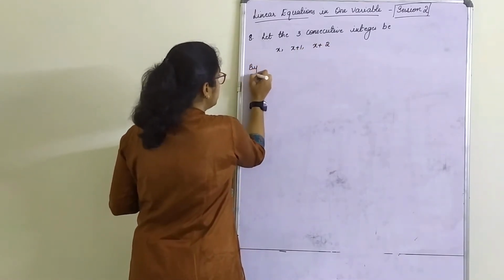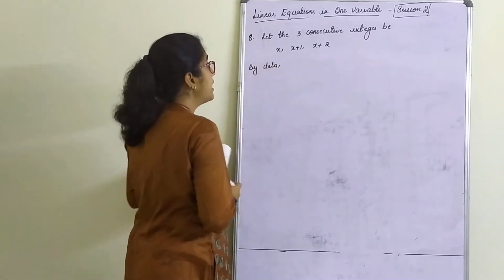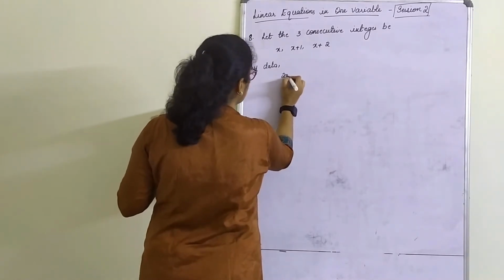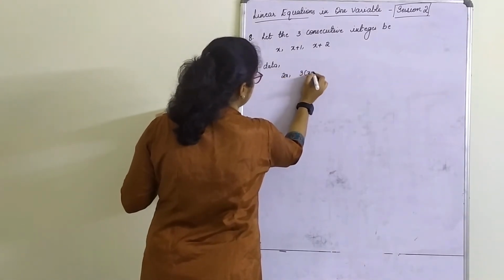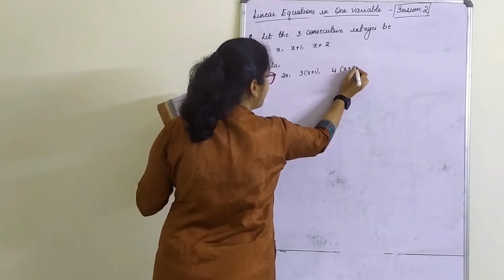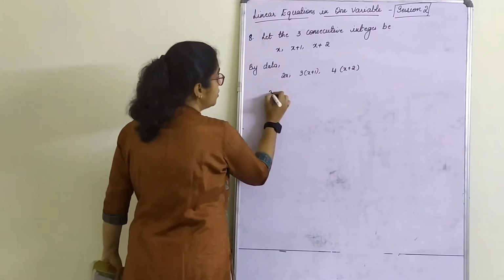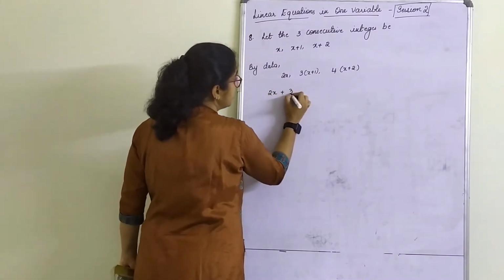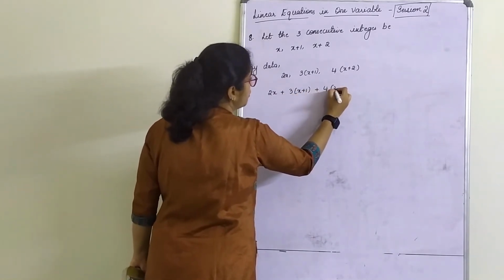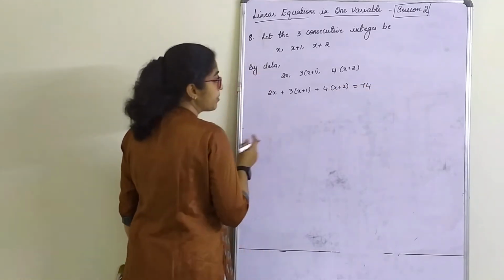So by data, when we multiply these consecutive integers by 2, that is first one we multiply that by 2, second one we multiply it by 3 and third one we multiply that by 4. The sum will add up to 74. So 2x plus 3 of x plus 1 plus 4 of x plus 2 is equal to 74. Let's open the bracket.